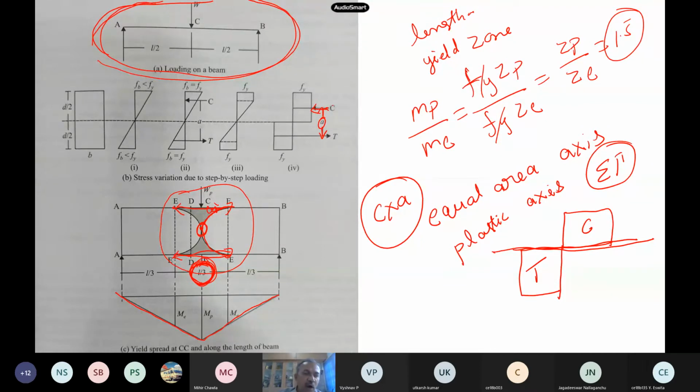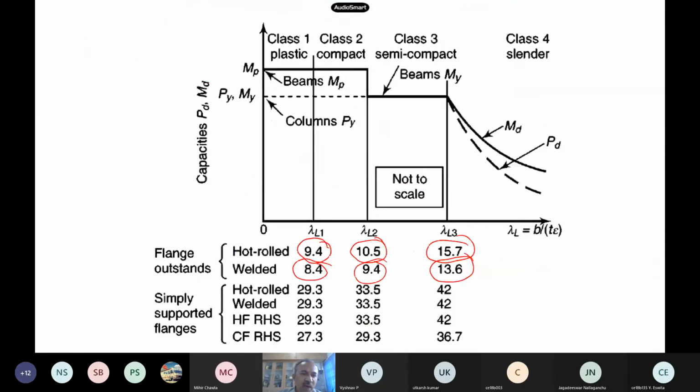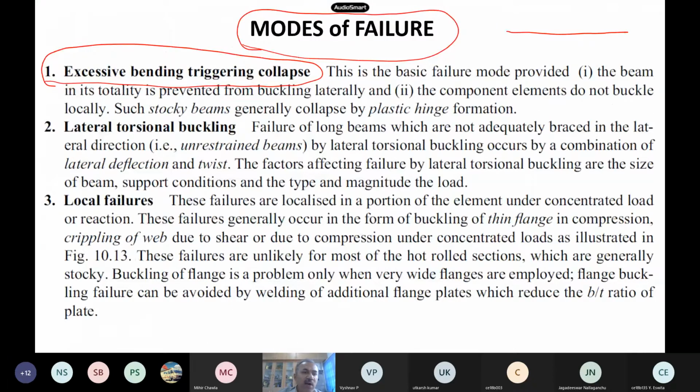Why does a plastic hinge form? Now you have a shear force diagram and a bending moment diagram. Which is the most governing thing in a beam? Bending moment only. So that is the classical failure of beams, what we call bending failure.